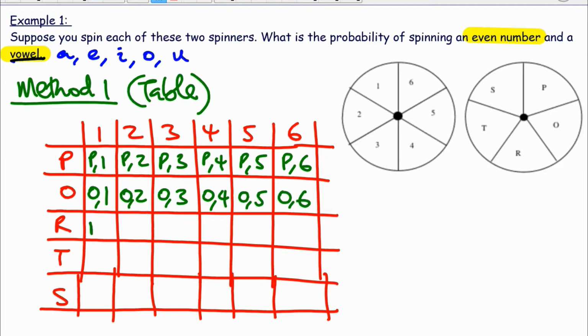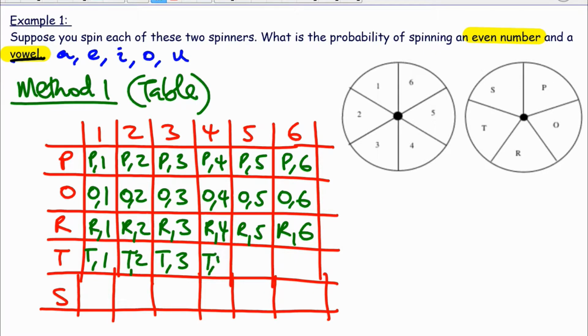You can have an R and a 1, R and a 2, R and a 3, R and a 4, R and a 5, R and 6. You can have a T and a 1, T and a 2, T and a 3, T and a 4, T and a 5, T and a 6. You can have S and 1, S and 2, S and 3, S and 4, S and 5, S and 6.